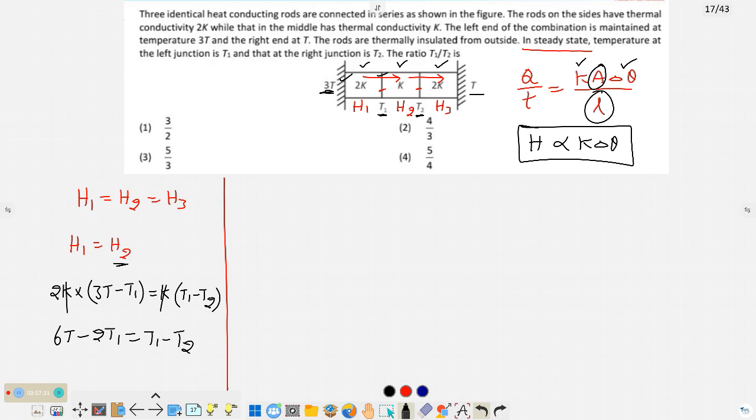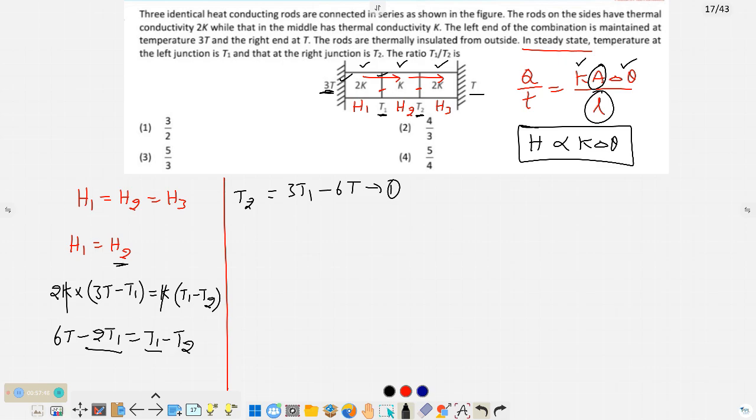After solving this, I can write one of the equations: T2 is equal to minus 2T1 plus T1, that becomes 3T1, and minus 60. T2 is equal to 3T1 minus 60. This is equation number 1.